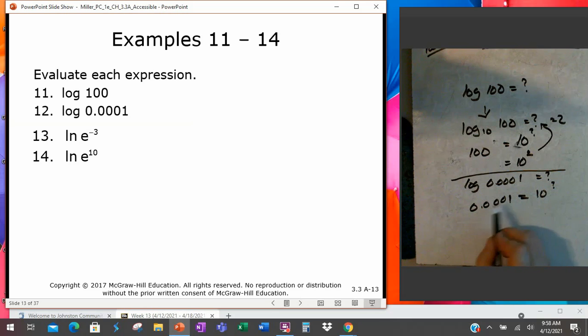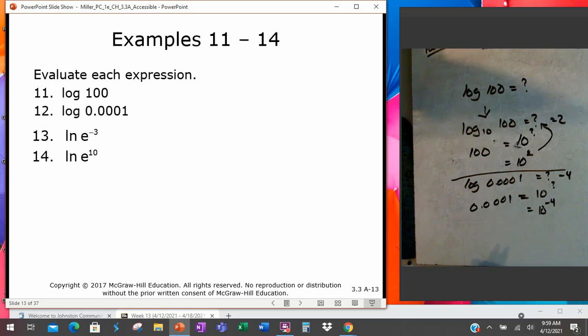What is that? Each time these are negative exponents, it's got to be a negative. So this would be -1, which is 1/10, then 2, 3, 4. That would be -4. So this is -4. Okay, so that is from a negative point of view.